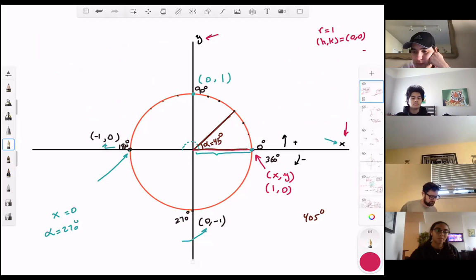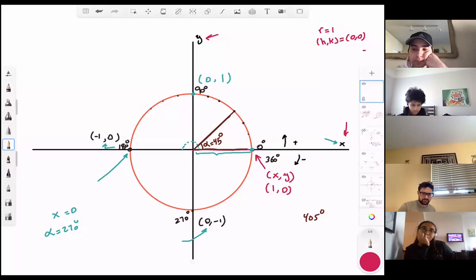All right, so now that you know, let's see if somebody in the waiting room that emailed me can answer. Now my question is, what is cosine of 45 degrees?